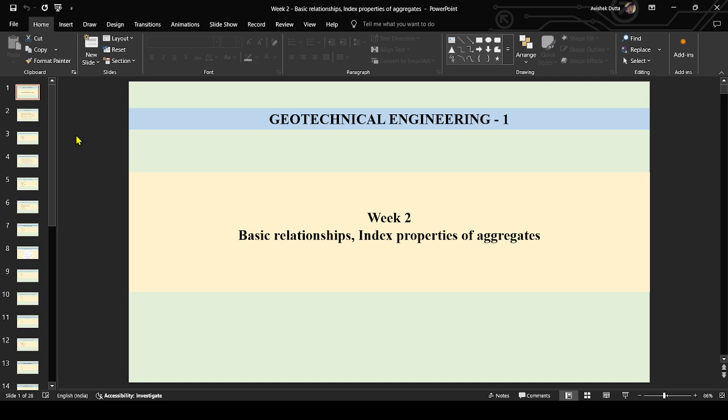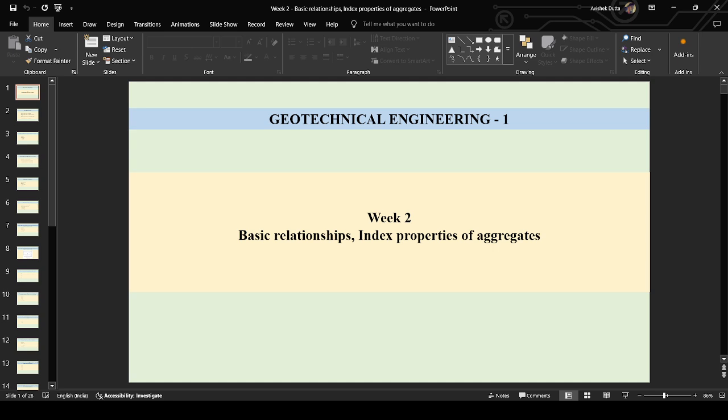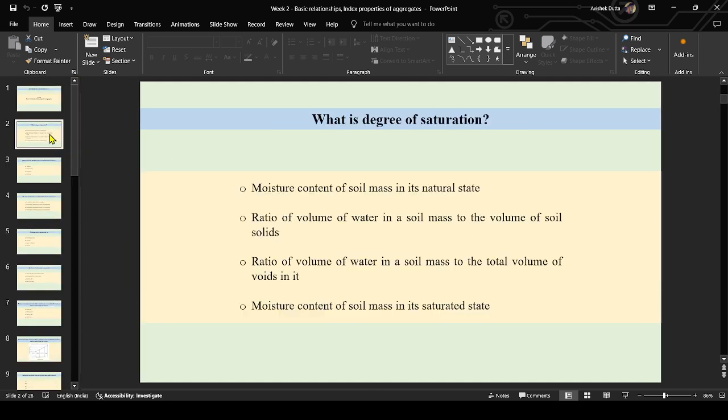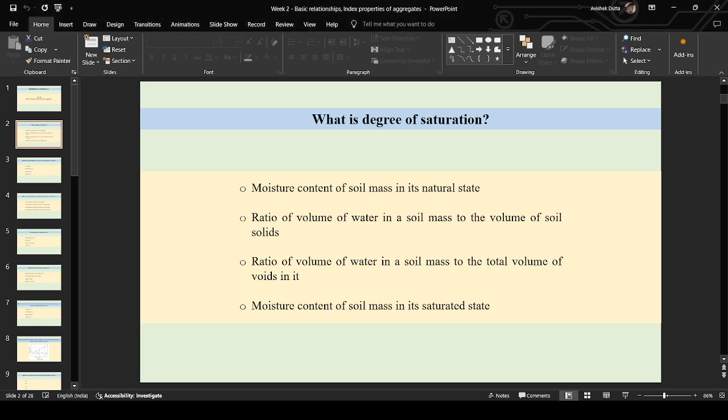The first question is, please write down the questions first. Don't discuss the answers in the beginning. What is degree of saturation? Your options are: option 1, moisture content of soil mass in its natural state.